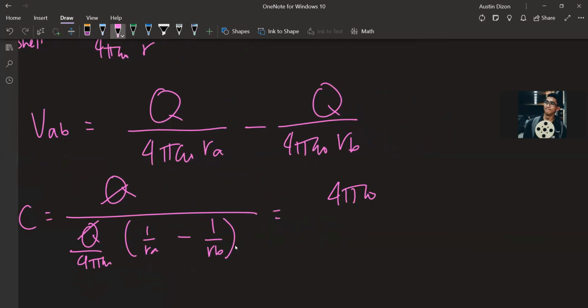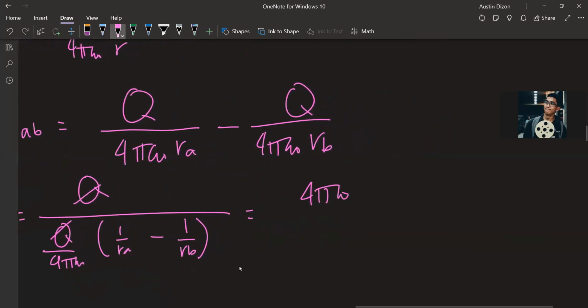I could simplify the two terms here. Then I'm left with RB minus RA over RA RB. Ma-flip ulit to sa itaas. So I could simplify further.